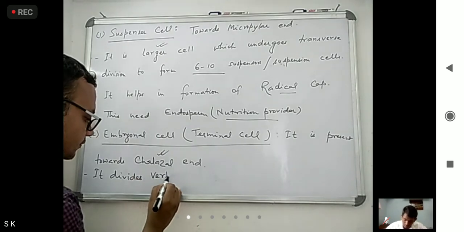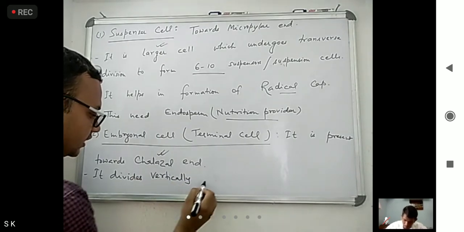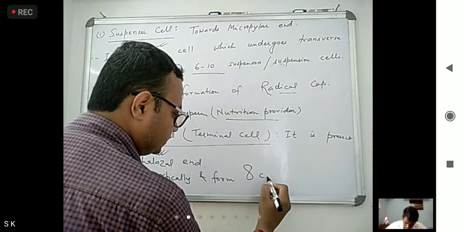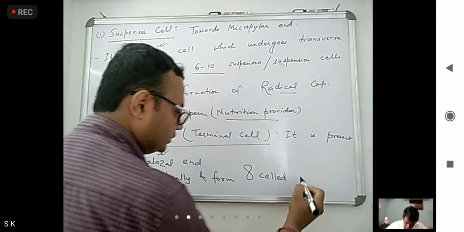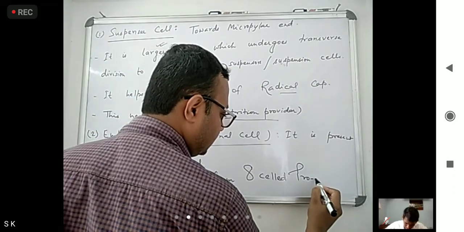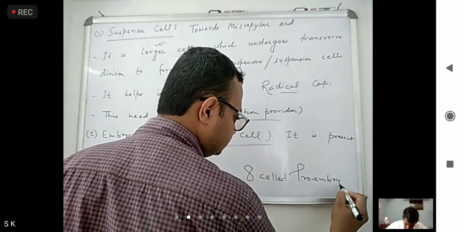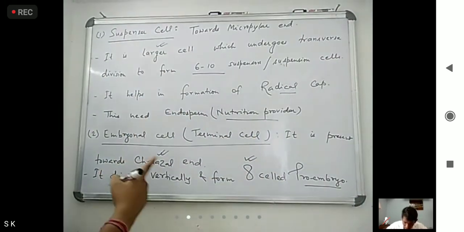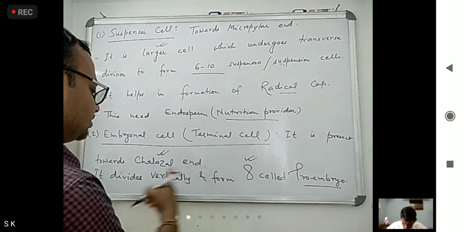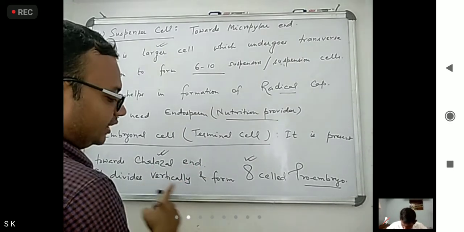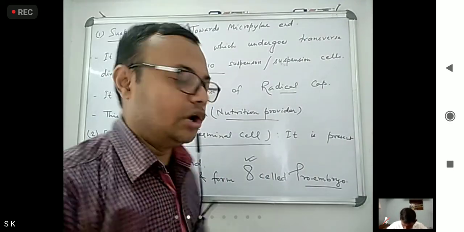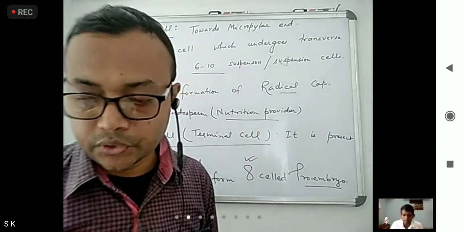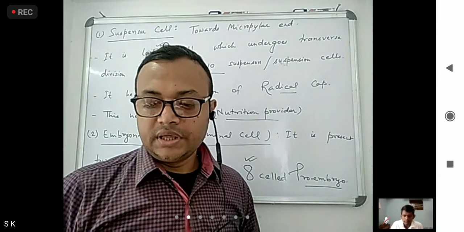How many cells are there? 8-celled. So this embryonal cell or terminal cell, which is present towards the chalazal end, divides vertically and forms how many? 8-celled pro-embryo.